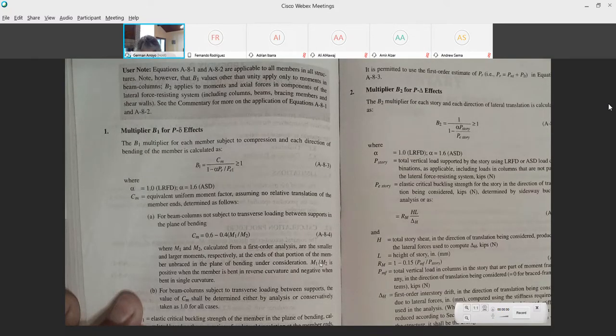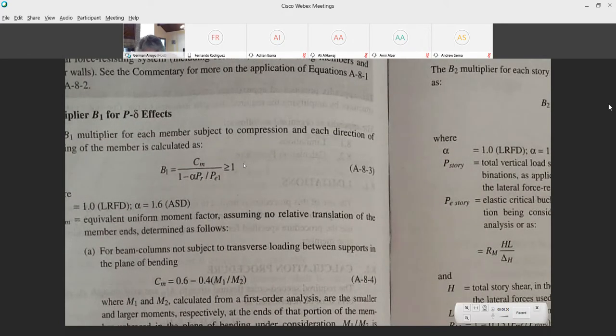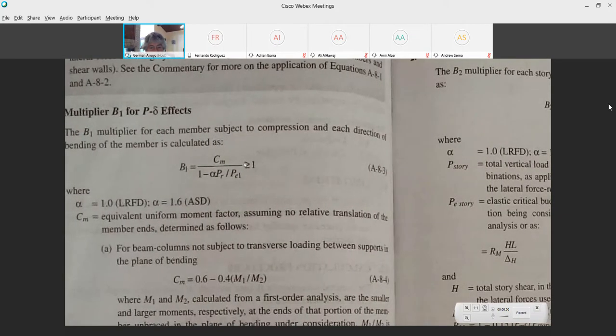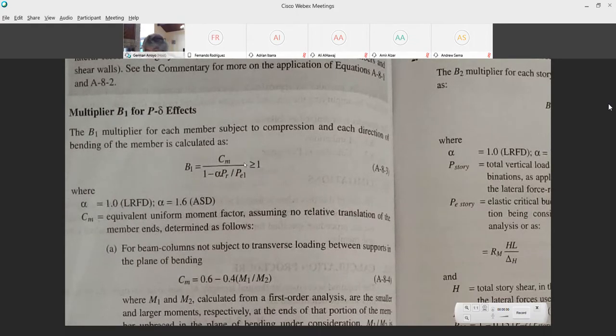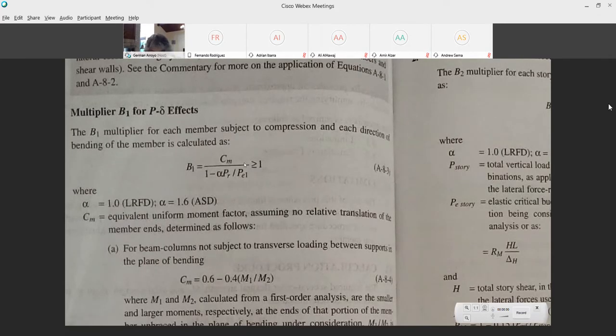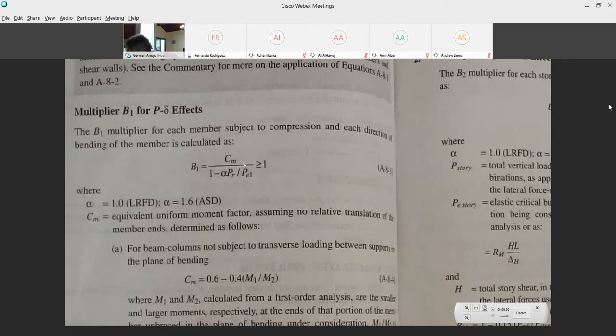And also, this has to be equal to or larger than 1 because it is a magnification factor. It cannot be smaller than 1. By computations that you have seen before, it could be smaller than 1, but we cannot use it because it is a magnification factor. So in this problem, we're going to have one for the weak axis, one for the strong axis.